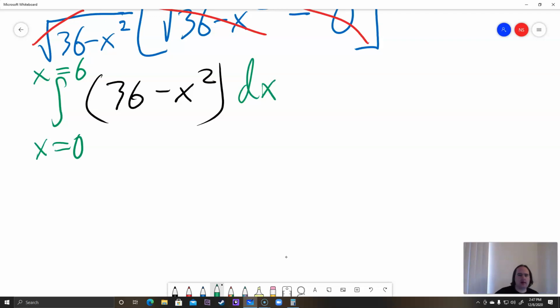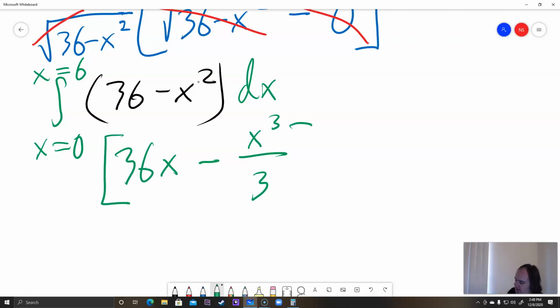Okay, so integrating the constant 36, we get 36x, and then integrating the variable, we add 1 to the exponent and we divide by our new exponent. Okay, so that's going to be minus x cubed divided by 3. So we have 36x minus x cubed divided by 3.